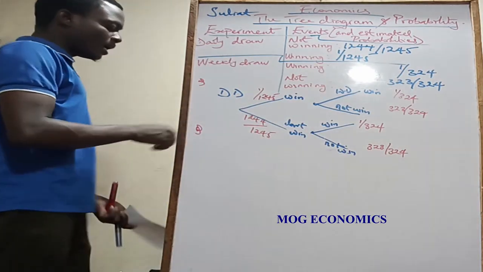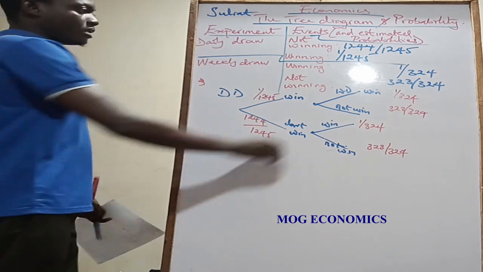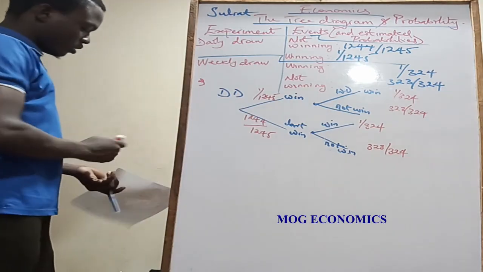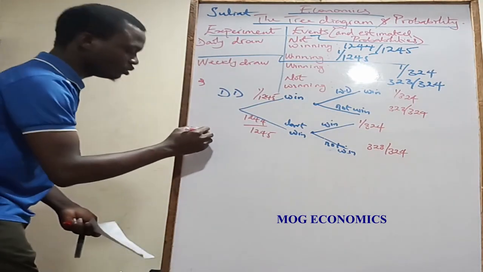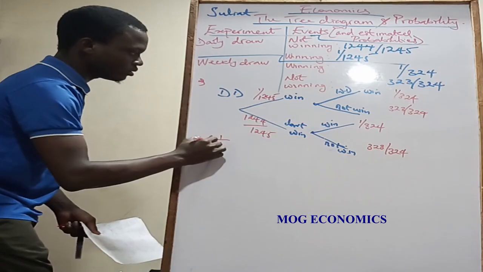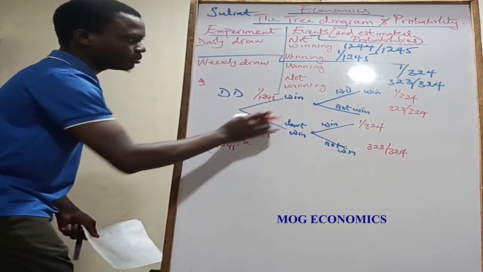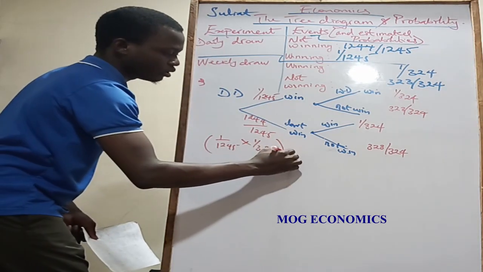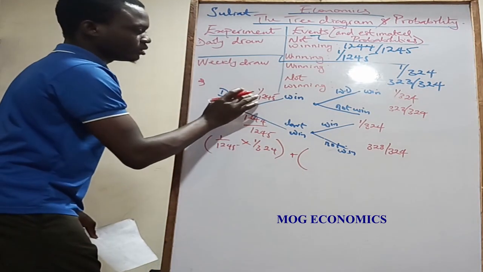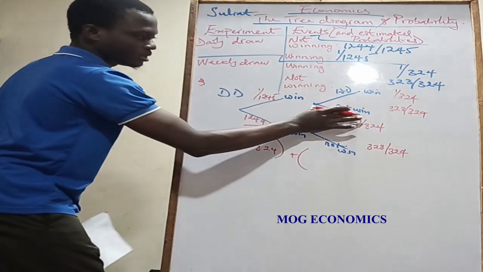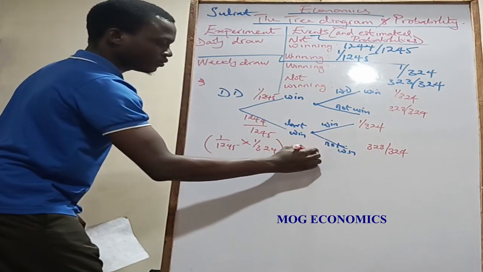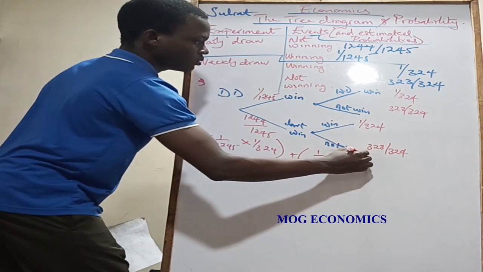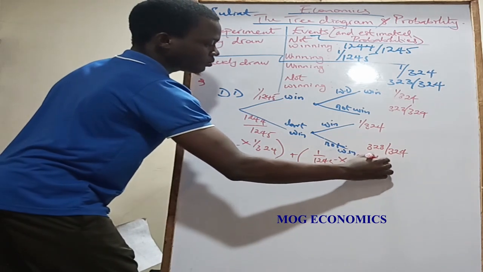And the second test is that 1 over 1245 multiplied by this 1 over 324, that's a particular combination, then plus this times this, plus 1 over 1245 multiplied by 323 over 324, right?